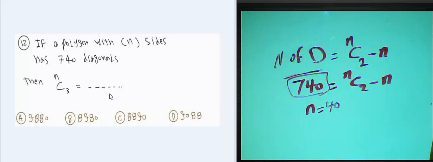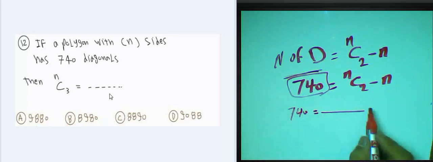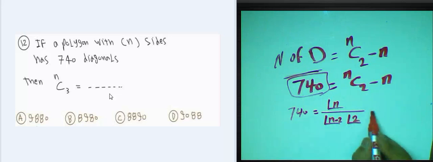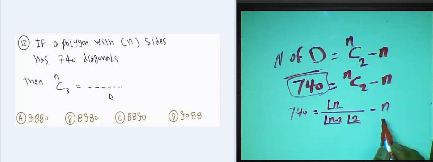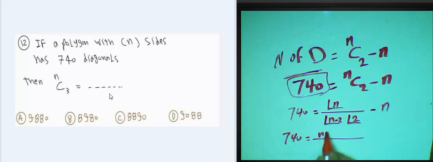Or you can simplify it using the rule, without using a calculator, to find the result. The combination is factorial n over factorial n minus 2 times factorial 2, minus n. Write 740 equals n times n minus 1 times factorial n minus 2 over factorial n minus 2 times factorial 2.